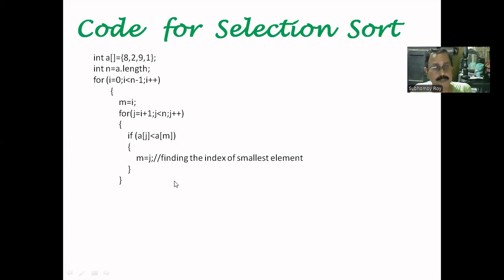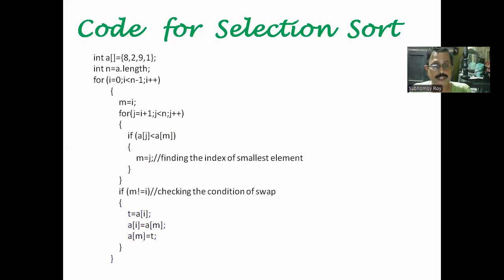So what is the purpose of the inner loop or j loop? It is to find out the index of the smallest element. Now, once we have this result, we can compare it with the value of I. If m and I are not the same, not equal, then we have to interchange or swap them.